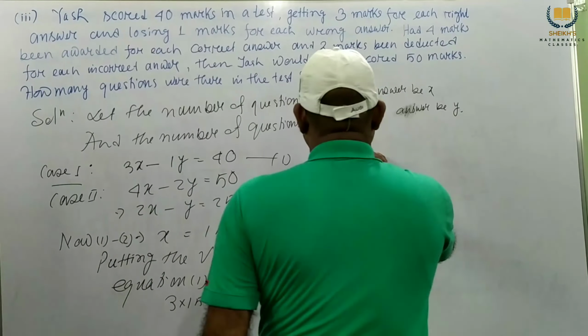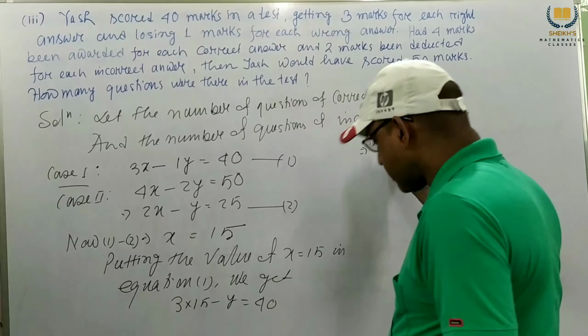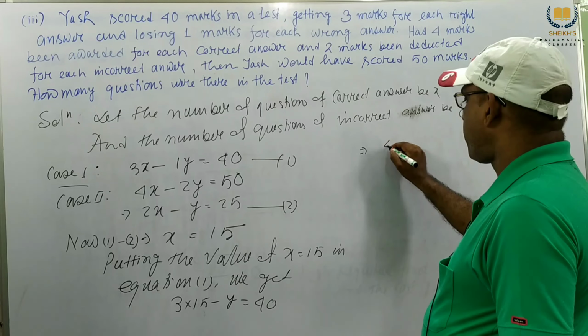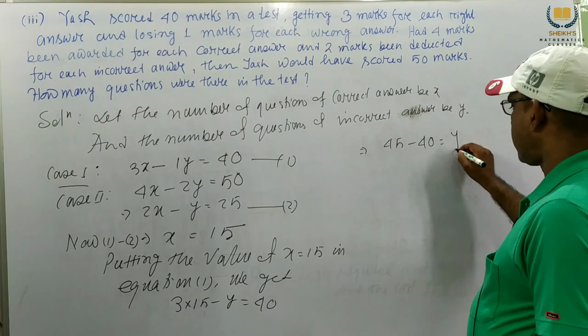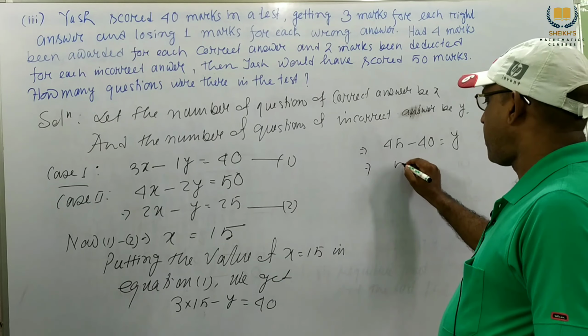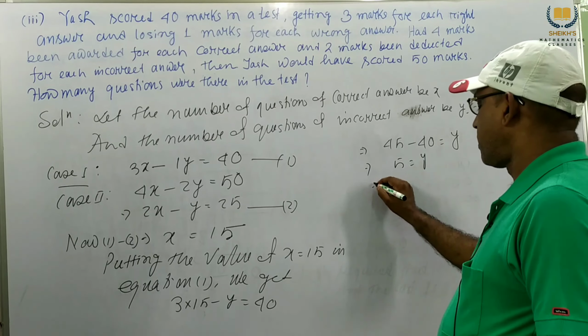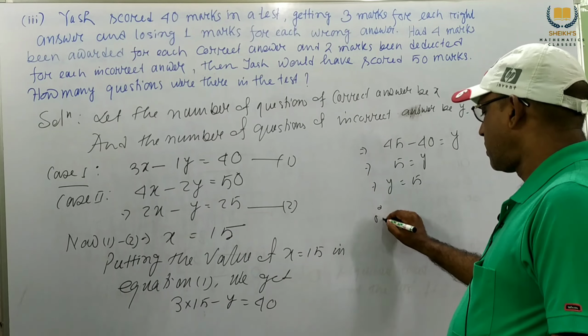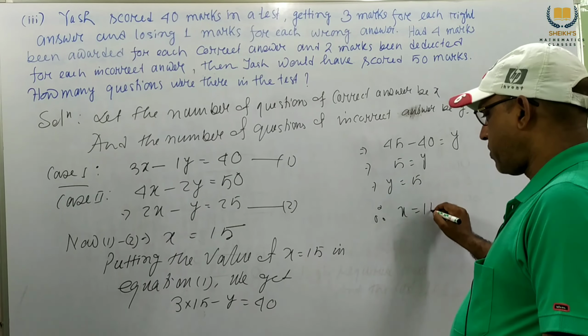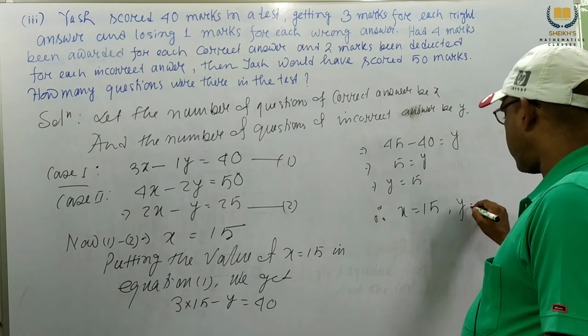This implies 45 minus 40 equal to y, then y equal to 5. Therefore, x equal to 15, y equal to 5.